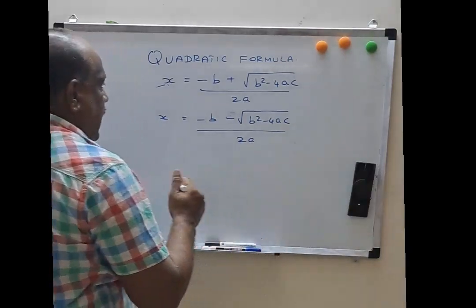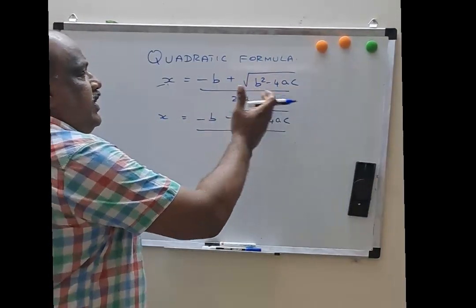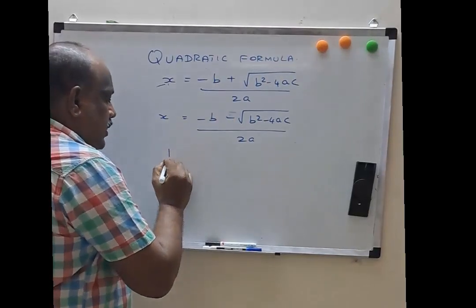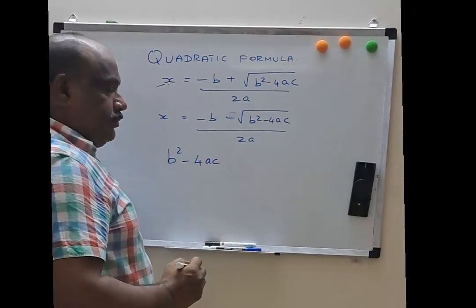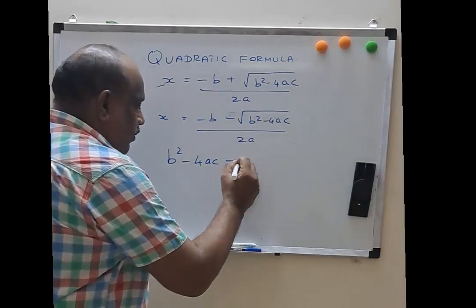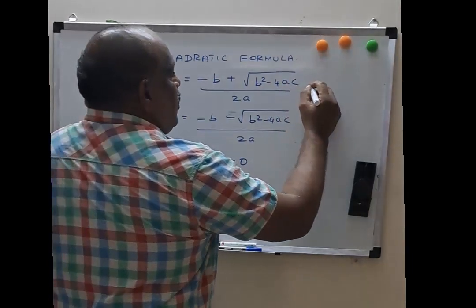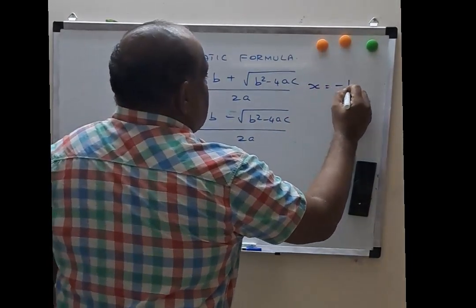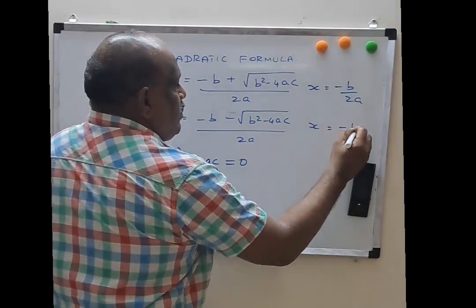Now let us examine more about the value which is within the square root. The value is b squared minus 4ac. If this value becomes 0, then what will happen? The first root becomes x equal to minus b by 2a, and the second root also becomes x equal to minus b by 2a.